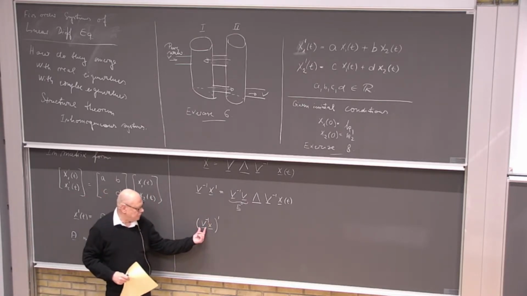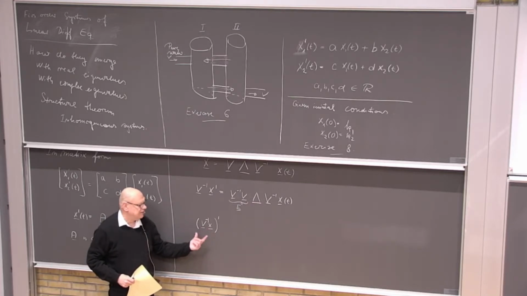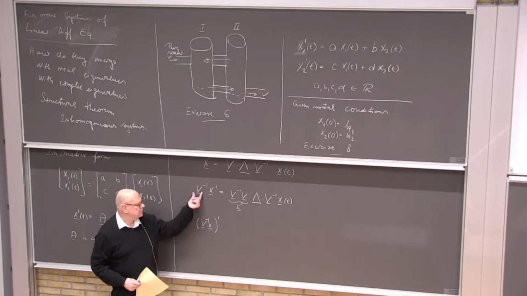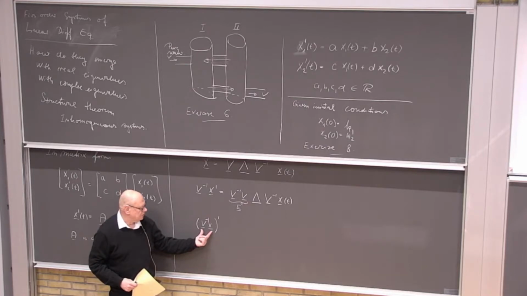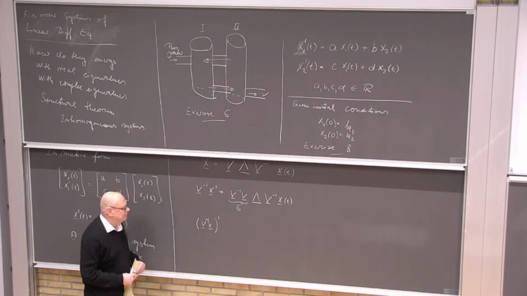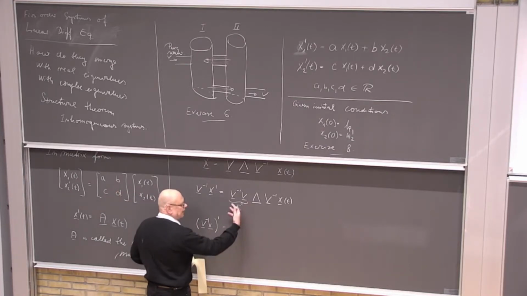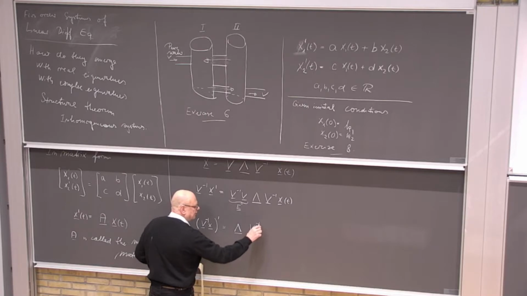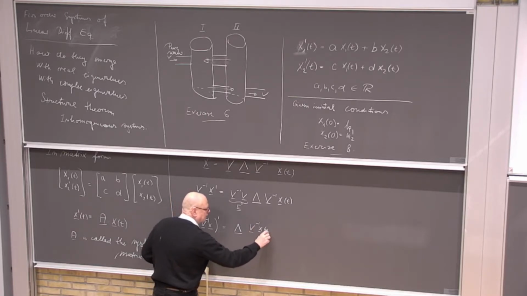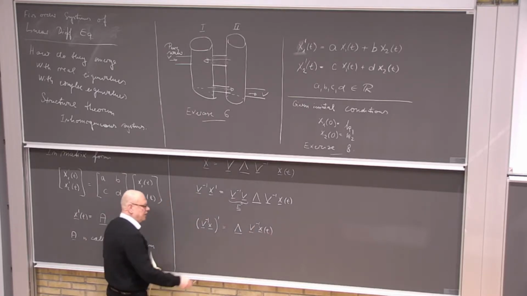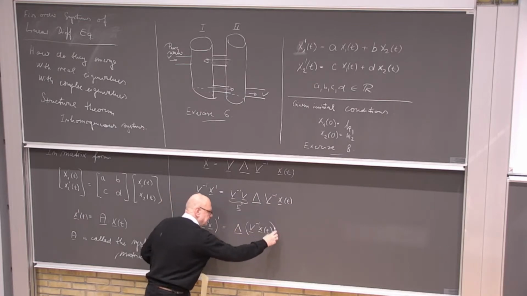So that I first multiply x by this, and then I take the derivative. And this is because this is constant. So you can do this, and being the identity matrix, it won't change the system, and then you get in this way. And I could put a parenthesis here.